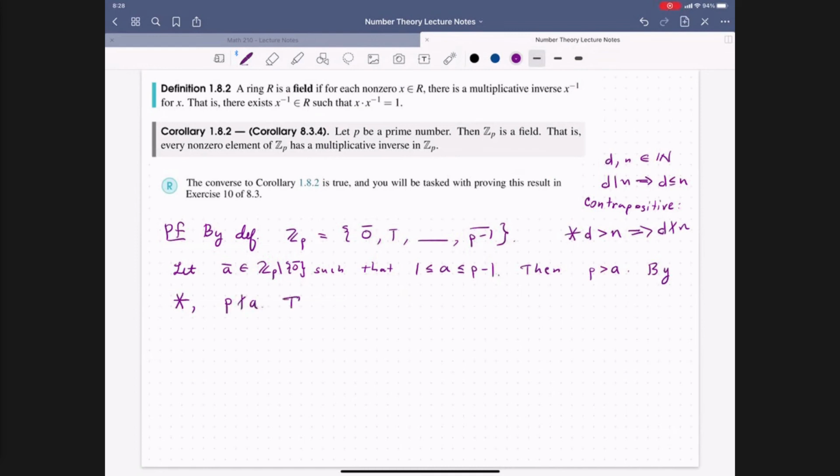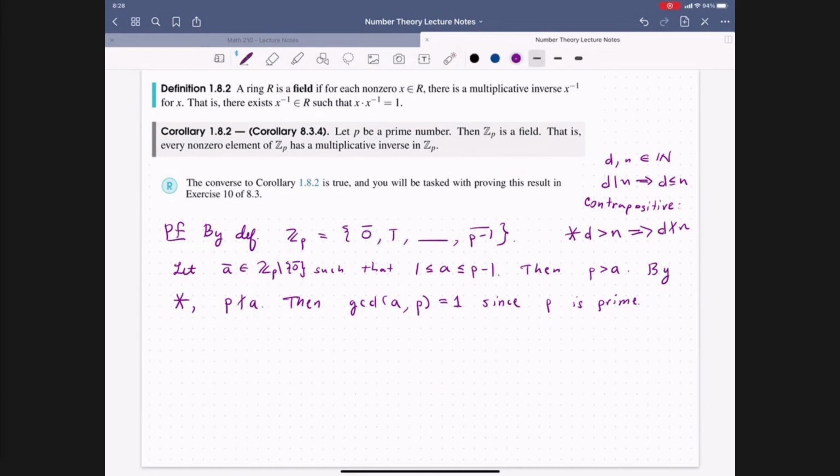But then, since p is prime, we have that the GCD of a and p is 1. But now a was an arbitrary non-zero element in the integers modulo p.